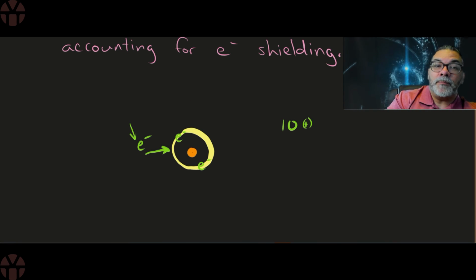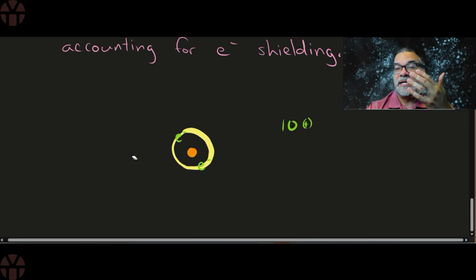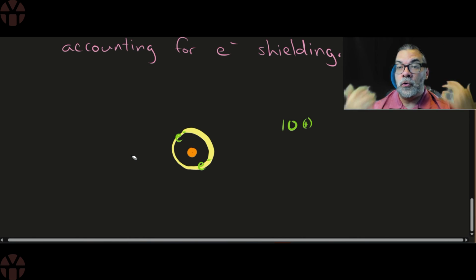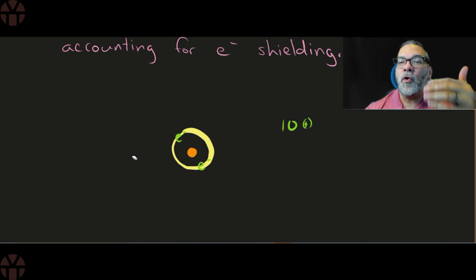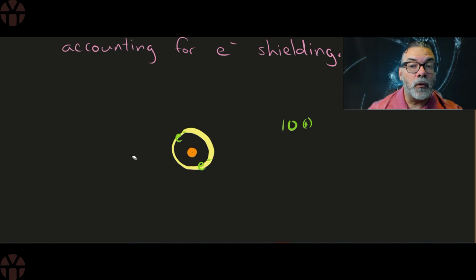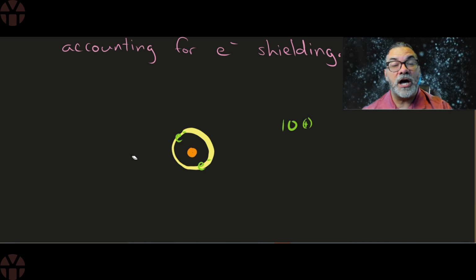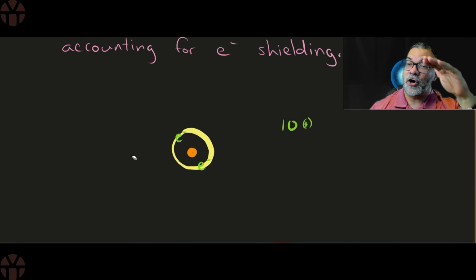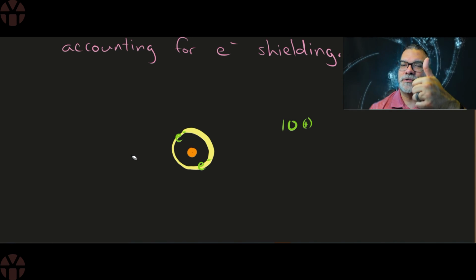So when we talk about effective nuclear charge, we're looking at this give and take between what the nucleus attracts and pulls and what the core electrons repel. If the core electrons are doing a better job of repelling than the nucleus is attracting, then the effective nuclear charge drops. If the nucleus can overcome the repulsive forces of the core electrons, then the effective nuclear charge goes up.